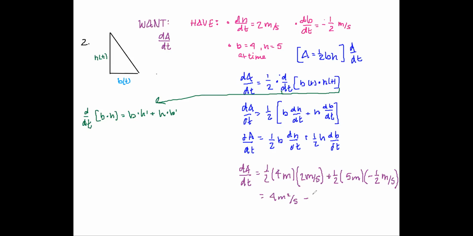Plus, or rather minus, 1/2 times 1/2 is 1/4 times 5 is 5/4 meters squared per second. And then 4 is going to be 16/4. Sure. So I can subtract those really easily, and I'll end up with 11/4 meters squared per second equal to dA dt. And that's one that I got wrong, but I see the answer is there, so there we go.